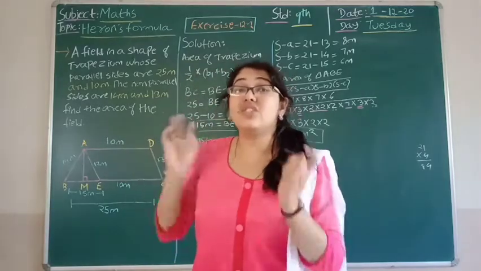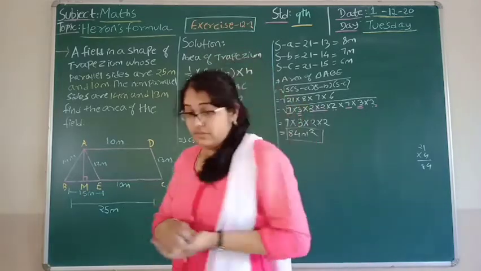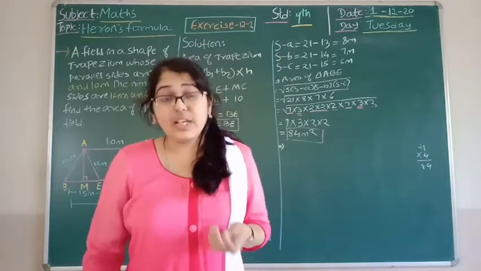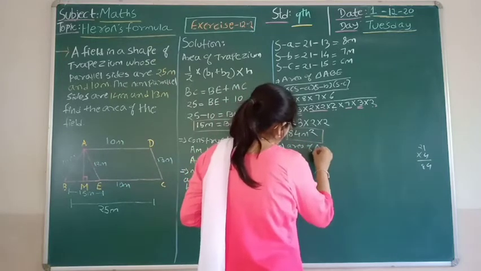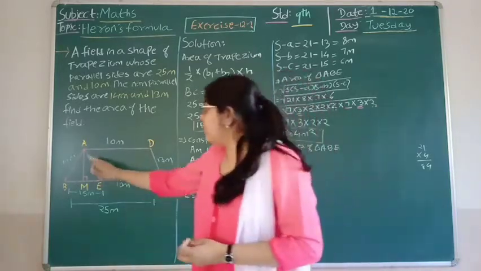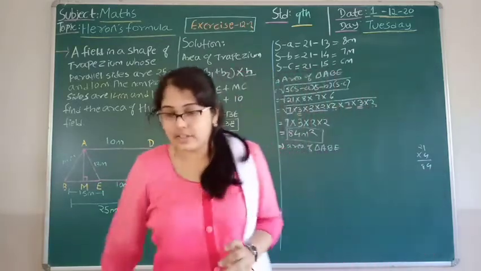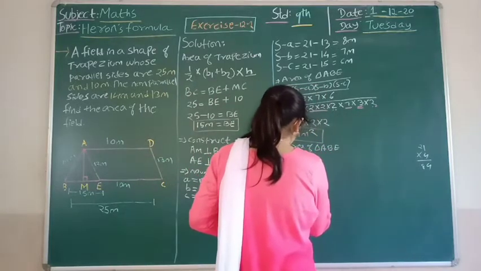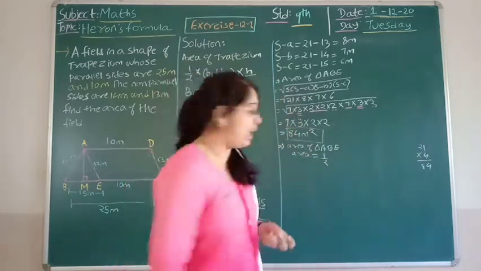So for that, first we need to find the height of this triangle, right? Because height is required over here. One more formula we can apply over here is the area of triangle ABE. So for that we find the area of the triangle equals 1/2 base into height, right?